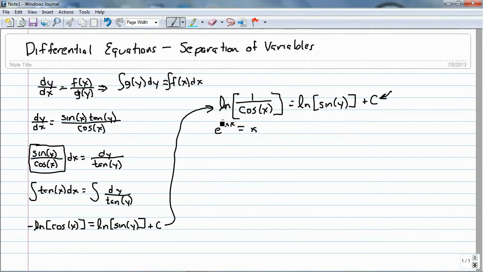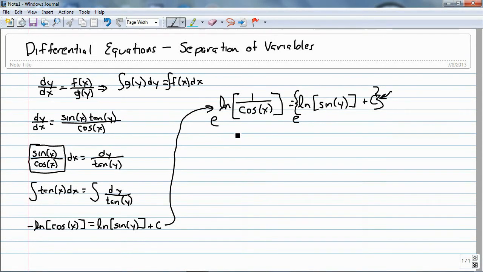So I'm going to put the e here and the e here, and I'm going to make sure that I put those in brackets so that you see.